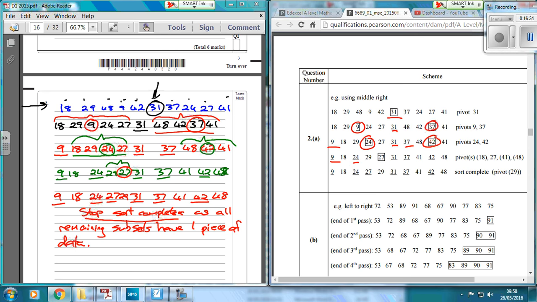And then again, they underline the previous pivots, and they choose 27, and then they've underlined the previous pivots, and they've got sort complete. They've got pivot 29 in brackets. Because it's in brackets, it means that we don't need to write that down. So there's already a subset of 1, so we don't need it as a pivot.